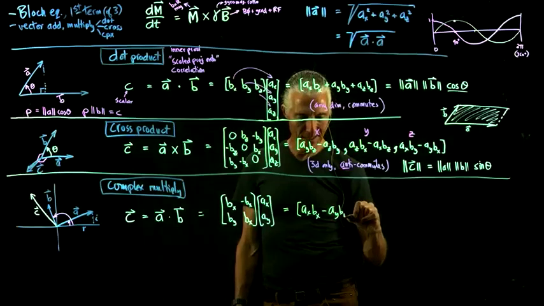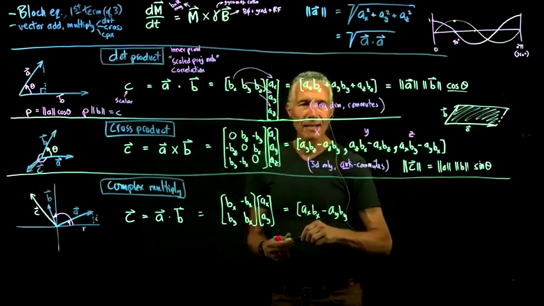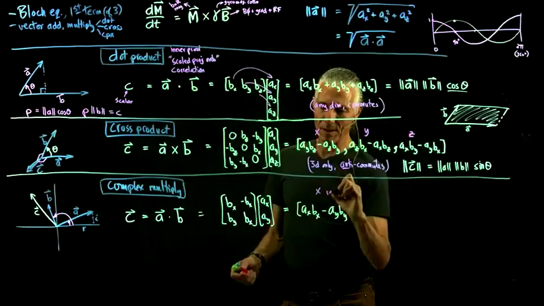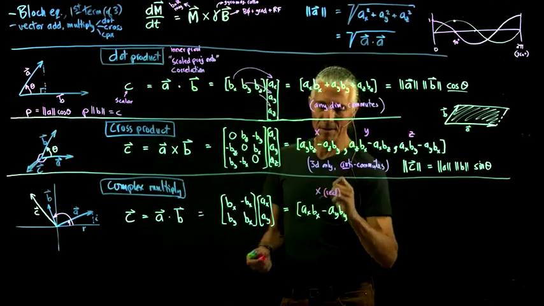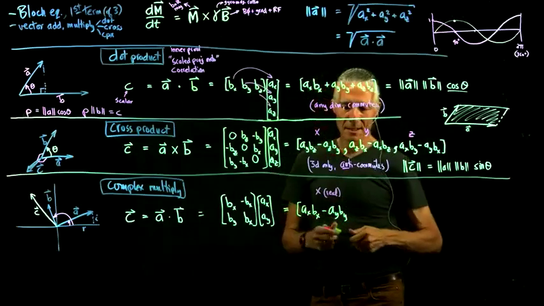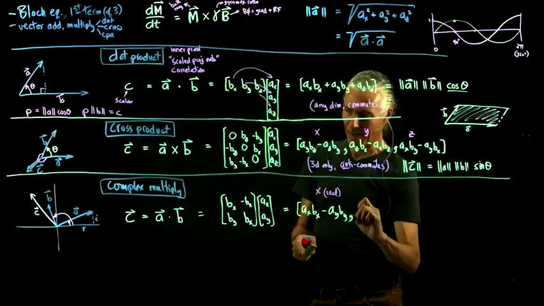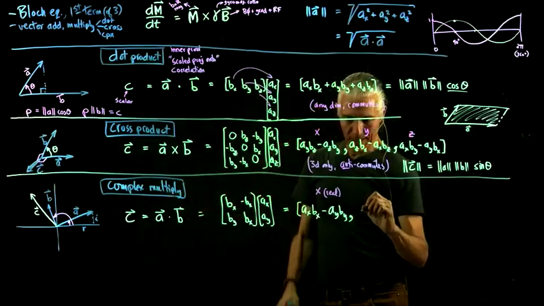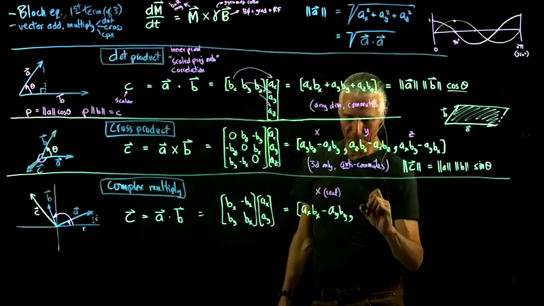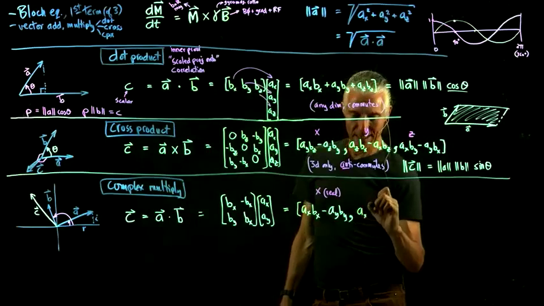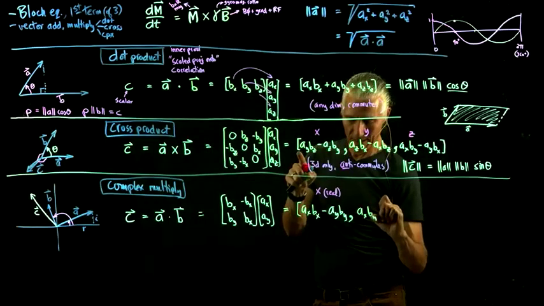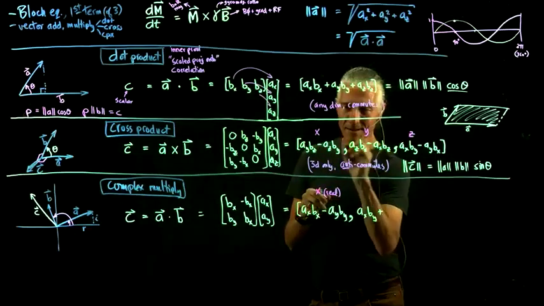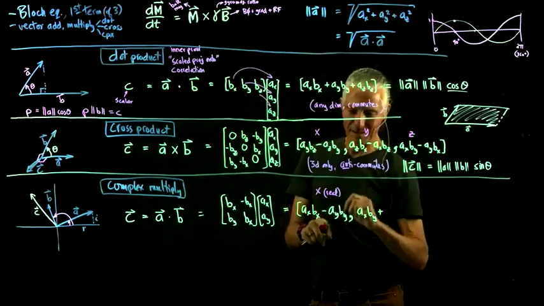So mix the x's and mix the y's, and that gives you the x component, or the real part of the complex number. That's the first number of the vector, of that output vector c. And then for the second part of the number, you mix the x's and the y's. That's kind of like the cross product. But there's a plus here instead of all these guys being minus. See, all these guys are minus. This one has a minus and a plus.